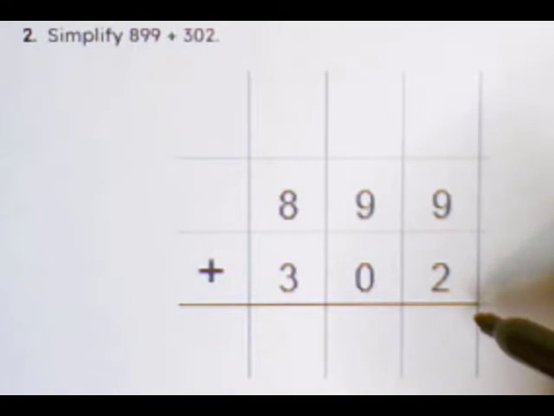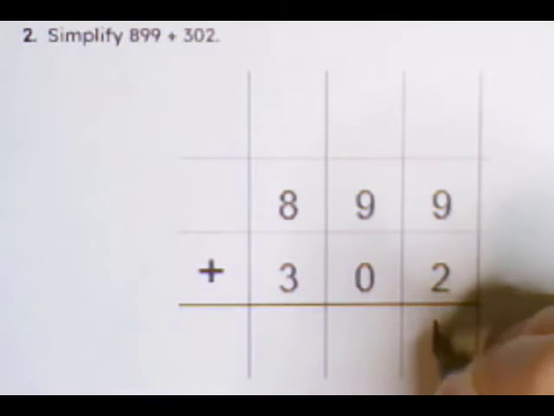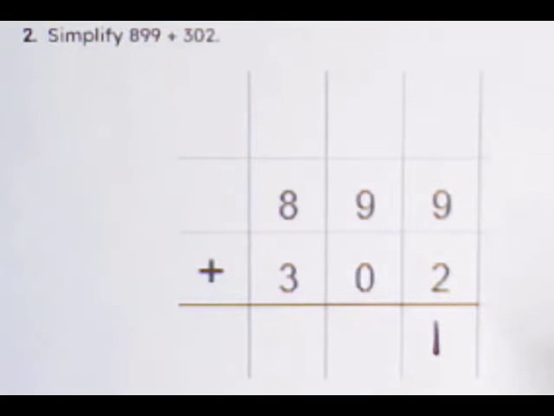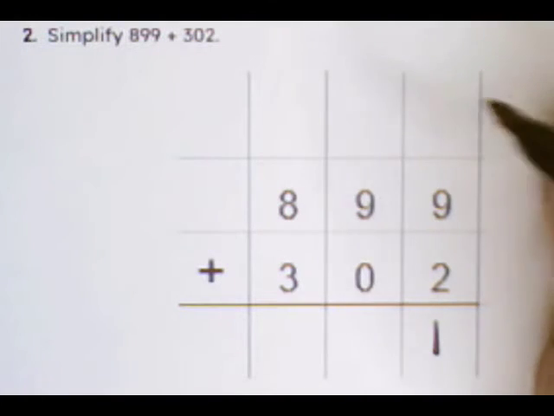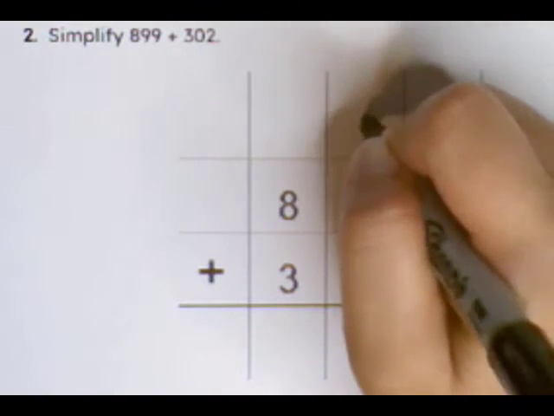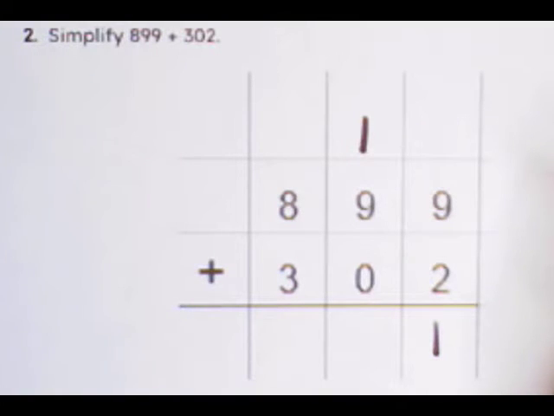Now, 11 ones is the same as 1 one and 10 ones. And 10 ones is the same as 1 ten. So what I can do is I can put 1 here for the 1 one and then regroup or carry another 1 over here for the 10 ones, because 10 ones is the same as 1 ten.